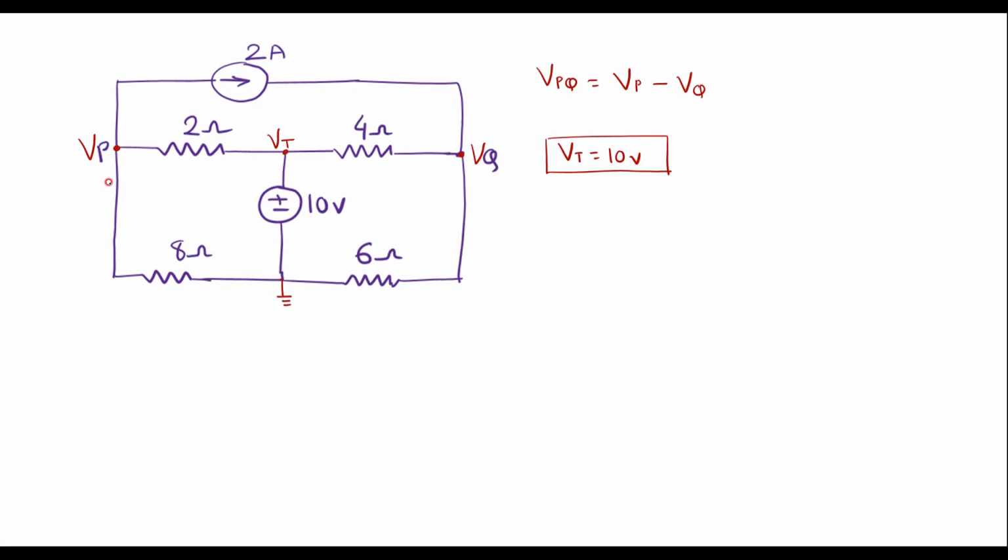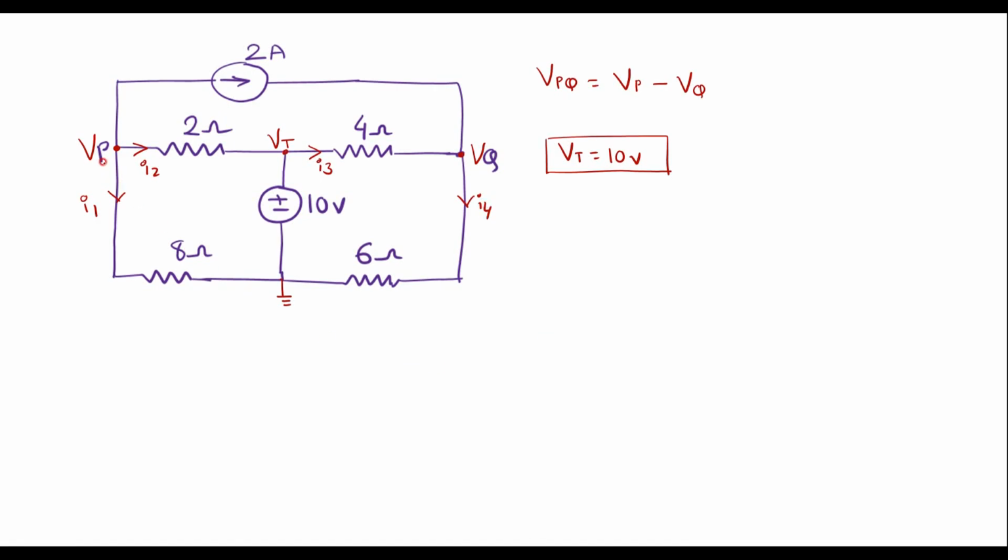So I will assume the current through this branch is I1, current through this branch is I2, current through this branch is I3, and current through this branch is I4.